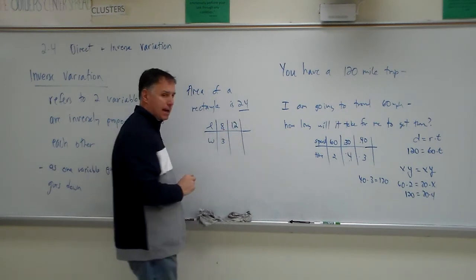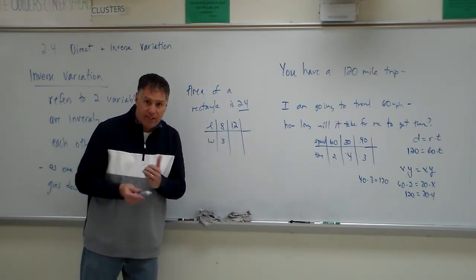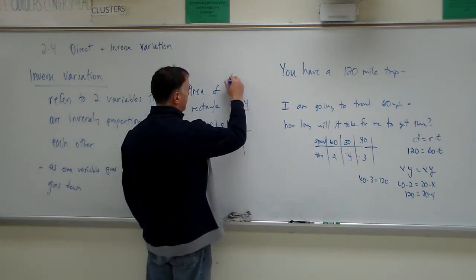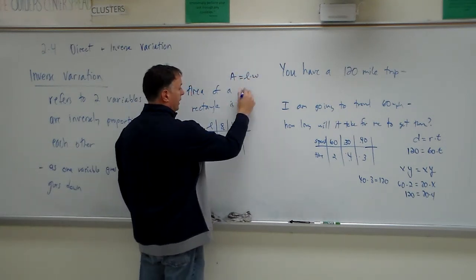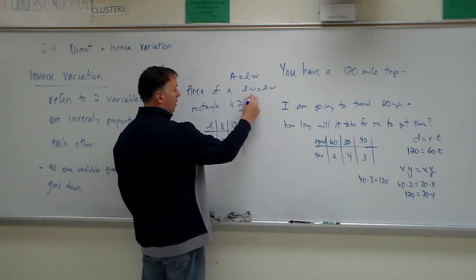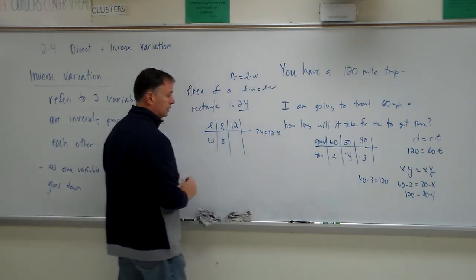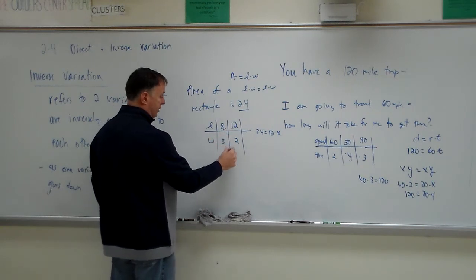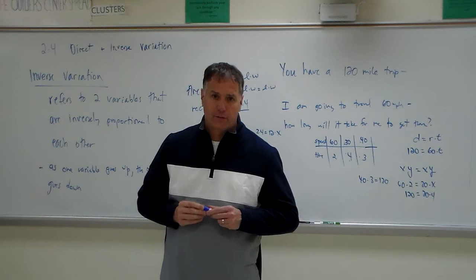If I went up in my length, what do I expect to do with my width if I still want the area to be 24? Well, my formula for this is area equals length times width, so length times width equals length times width. This is 24 equals 12 times what? That's 12 times 2. Makes sense, right? This goes up, that goes down. That is inverse variation.